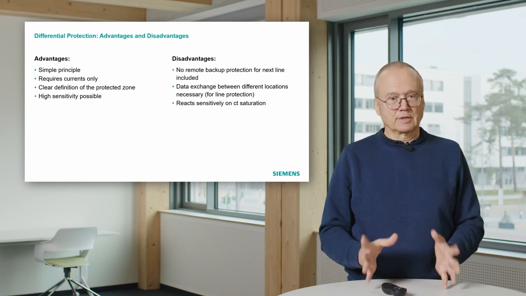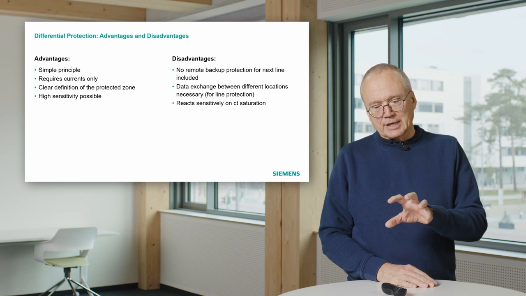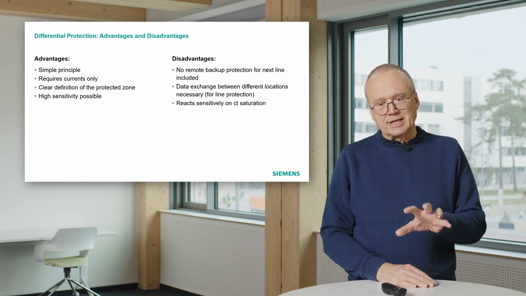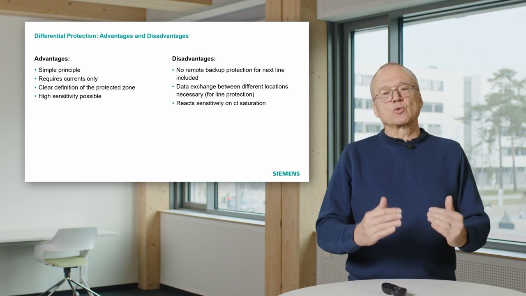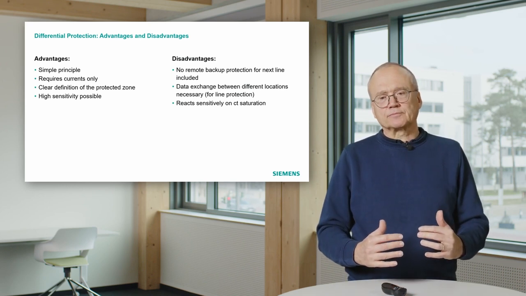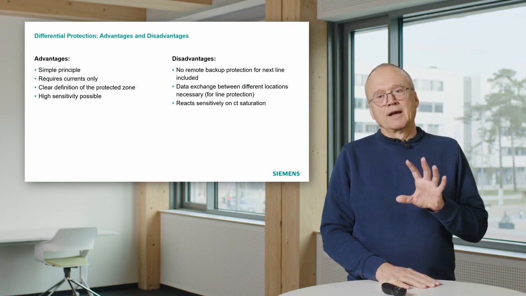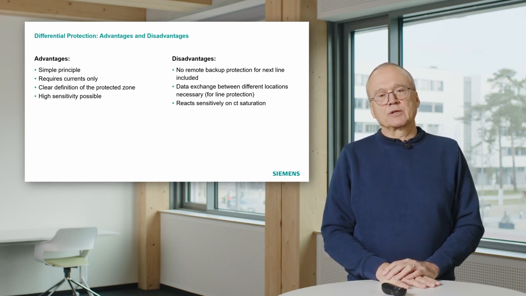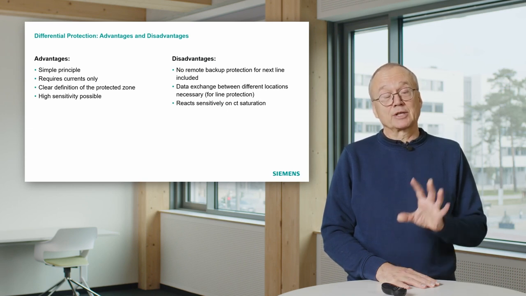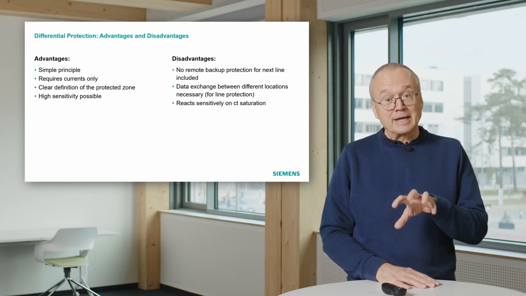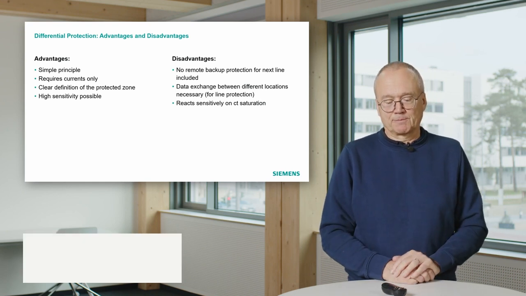Saturation is an issue we have to live with. Overcurrent protection and distance protection tend to do underreaction. That means to have a delayed tripping in case of current transformer saturation. In differential protection, we have a certain risk of a wrong tripping in case of saturation, and we must provide additional measures in the protection relays to avoid these problems.